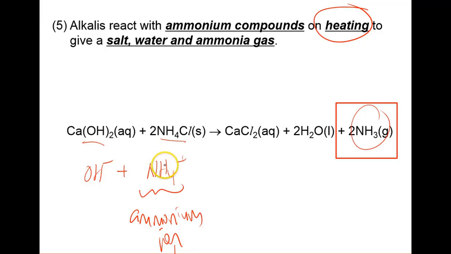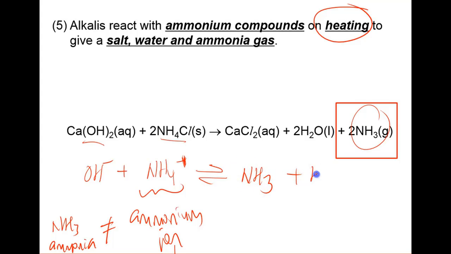Take note, NH4+ is ammonium, NH3 is ammonia. Most commonly confused, they are not the same. So when these two react in the presence of heat, we have NH3 plus water. So this is a gas, and this is lost to the surroundings, and you smell a pungent odor from the ammonia gas.